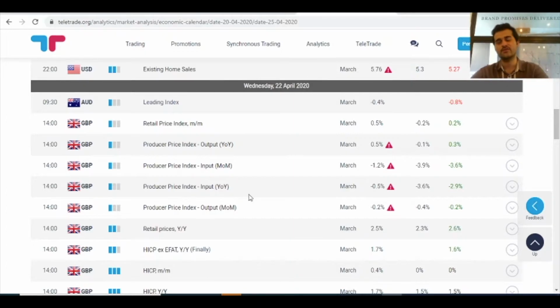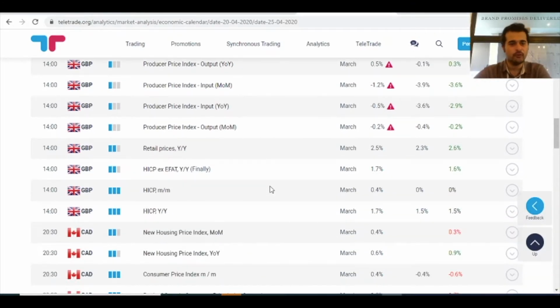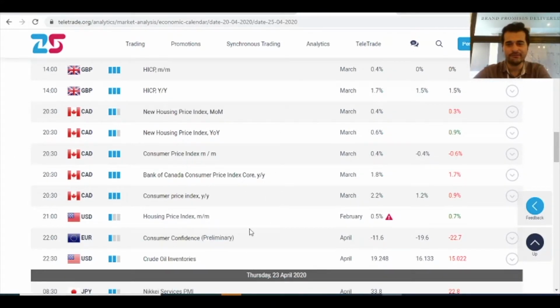Even though those turned green, overall the trend was in bearish momentum. We also saw the Bank of Canada Consumer Price Index all in the negative zone. All in all, a lot of volatility happened due to these events. This is why you see most of the currency pairs related to the Canadian dollar were really volatile.